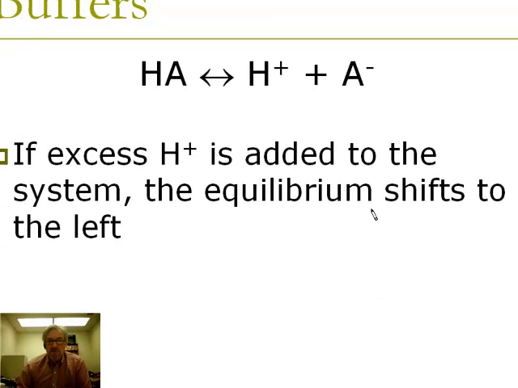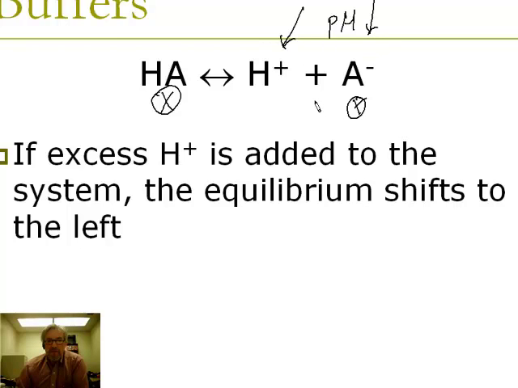So here's a generic buffer setup. We have HA in equilibrium with H+ and A-. And now remember, we have a solution that has some of this and has some of this. Let's pretend that we add a whole bunch of excess H+ to the system. If I add a lot of H+ to the system, typically what would happen is the pH is going to start to drop.